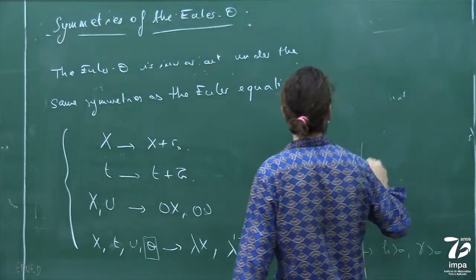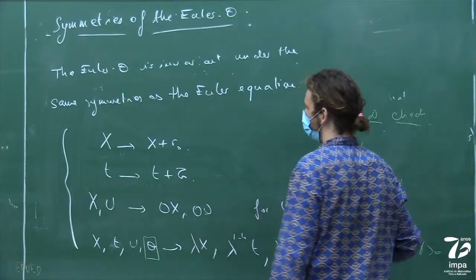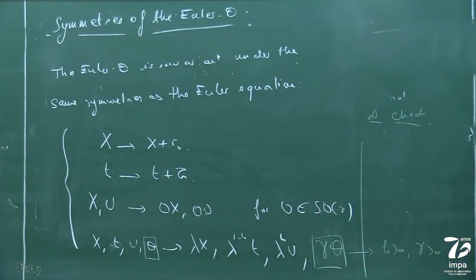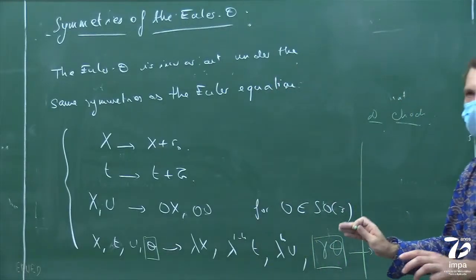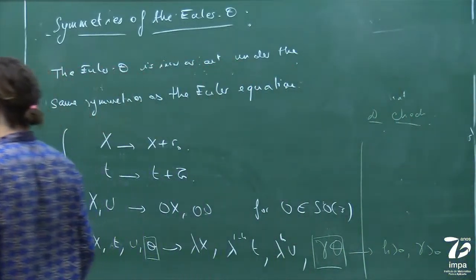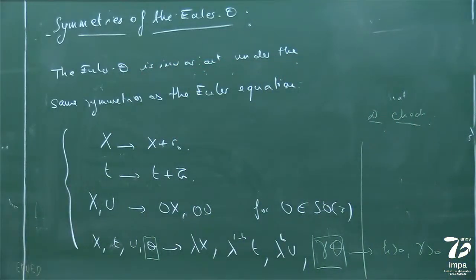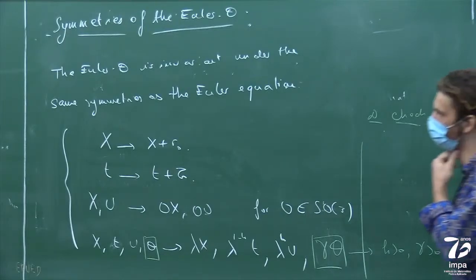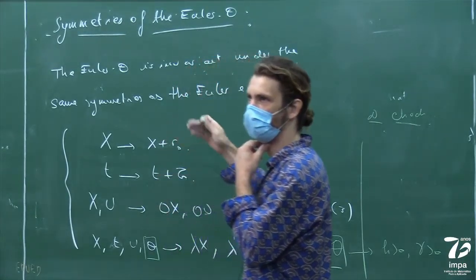So demonstration, check. Just take the discussion of lecture 1 and verify that those symmetries hold. It's a straightforward exercise in manipulation of PDE. And so in this sense, we have already a lot of similarities between the Euler and the Euler theta system.